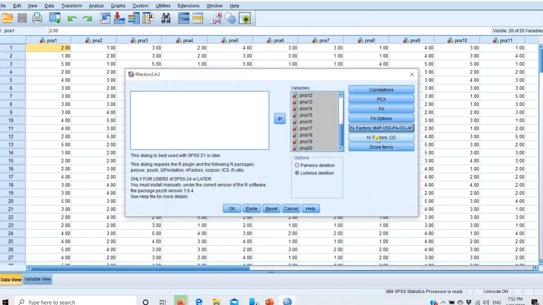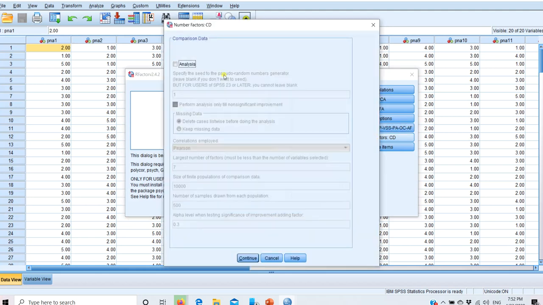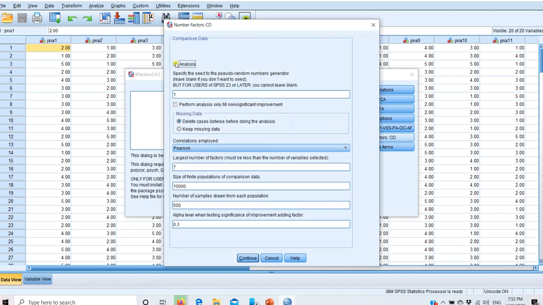Now this is the menu for CD, the comparison data procedure. You select analysis, again you give C, and to shorten the analysis you select this option, perform analysis only till non-significant improvement. So it will not compute all possible analyses.